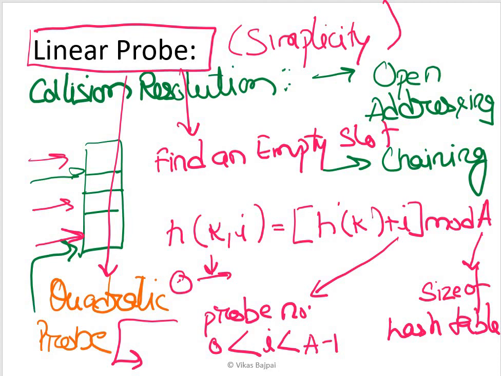We can have an addition to this. Instead of linear probe, I can have a quadratic probe as well. That's also possible. There are various ways to find this empty slot and fix the values.